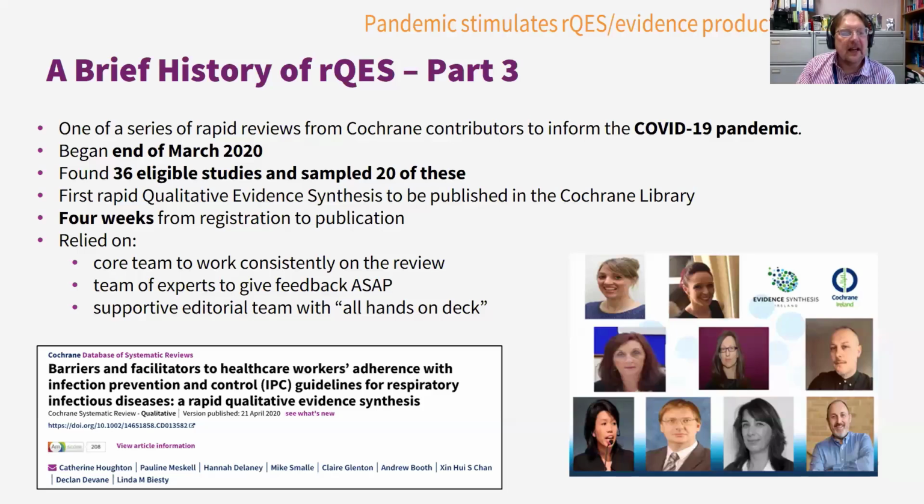It was looking at barriers and facilitators to adherence with infection control measures in the context of COVID, although drawing on other similar conditions, given that it was early in the experience of COVID. And one thing to notice here is that they identified 36 eligible studies, but perhaps first for some of you in the context of systematic reviews, they sampled 20 of these, so it wasn't a comprehensive sample.